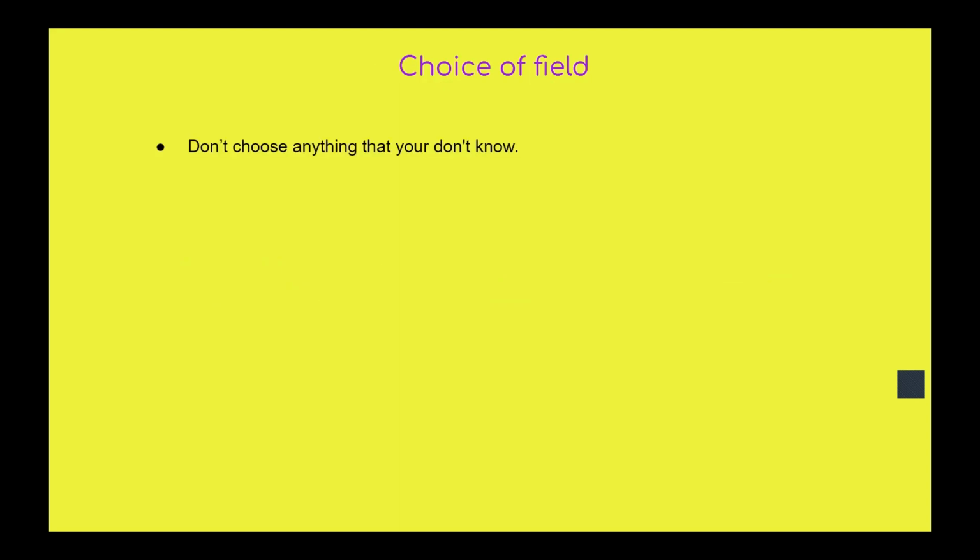For the choice of a field, you should know and understand it very well. Don't pretend that you know everything and just copy paste from a Google search. That will not help you, because they run SOPs through plagiarism detector software, and they will find in a matter of seconds that you have copied from a website.